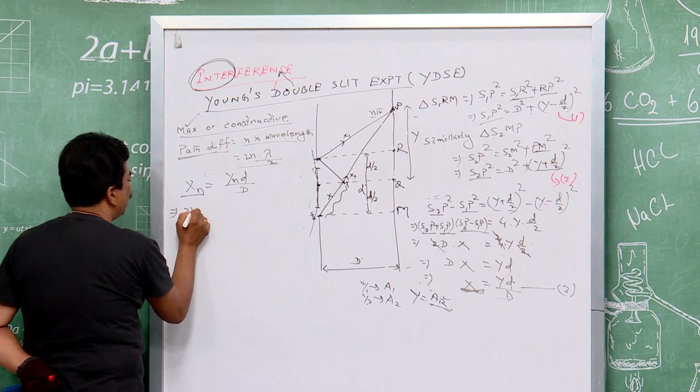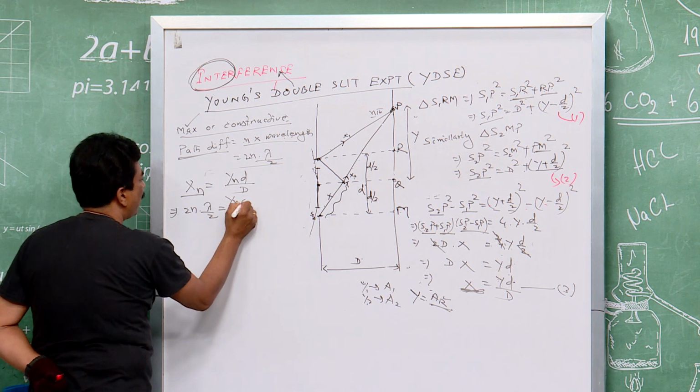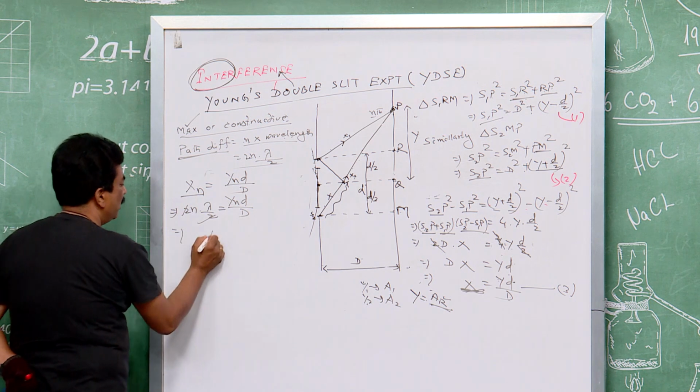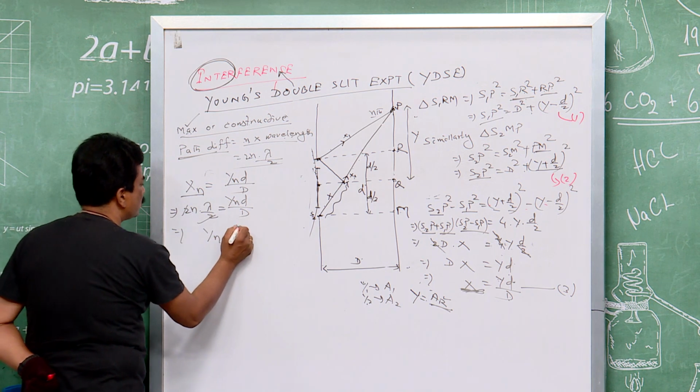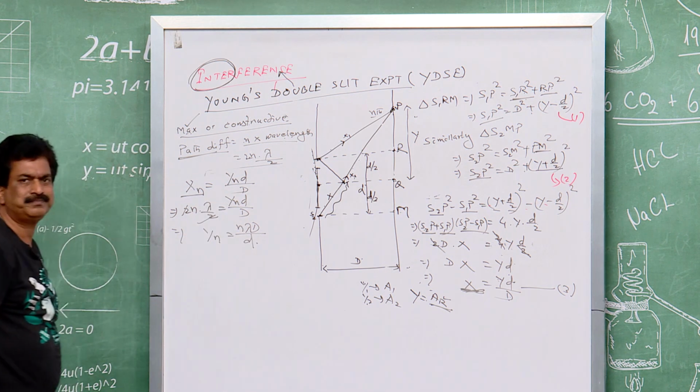Suppose this even multiple of lambda by 2 is equal to yn small d by capital D. So 2 is cancelled. So yn is equal to n lambda capital D by small d.